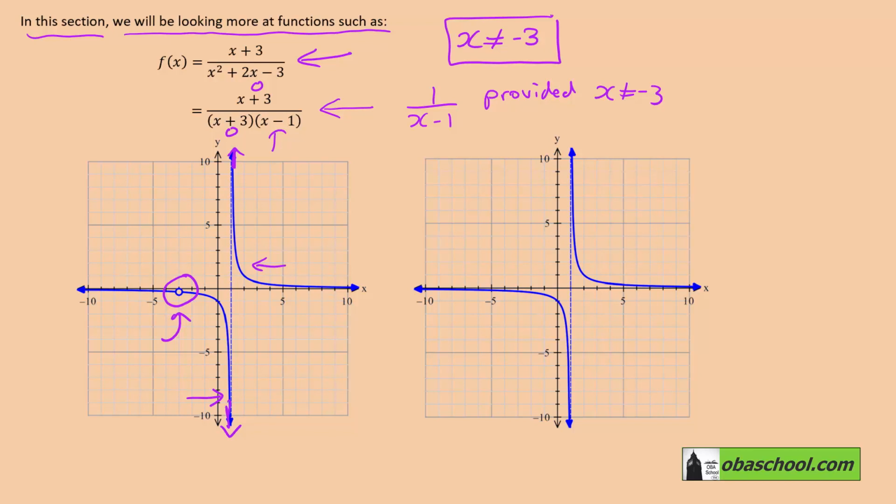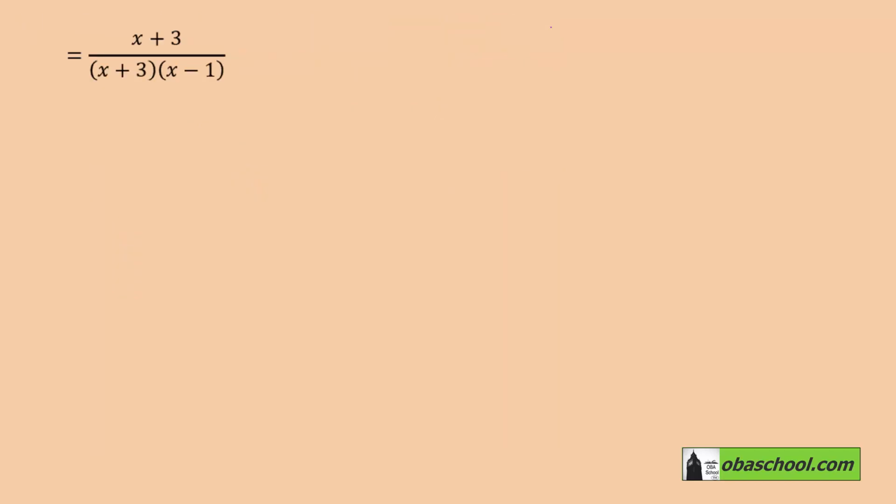So what is the limit of this function as we go in towards −3? For comparison here, I have the graph of 1/(x − 1). And you can see that it is exactly the same apart from that hole.